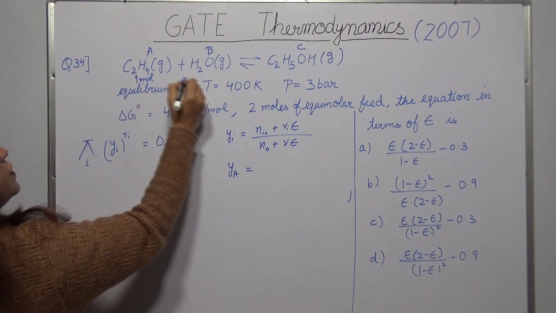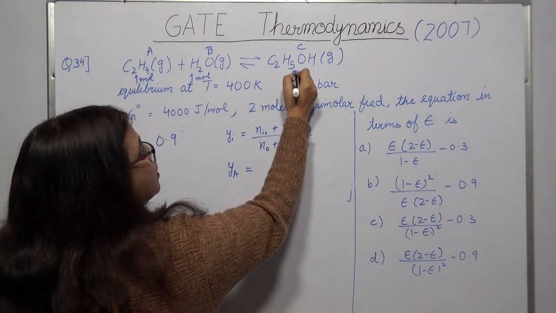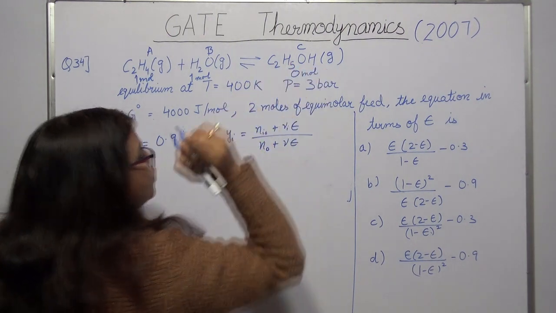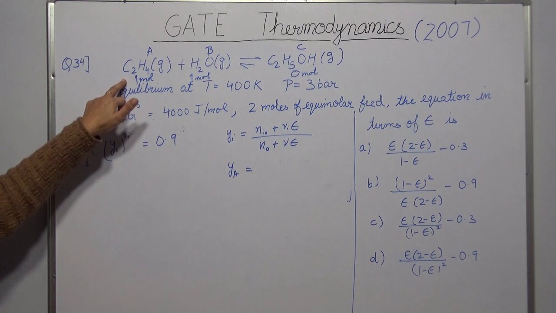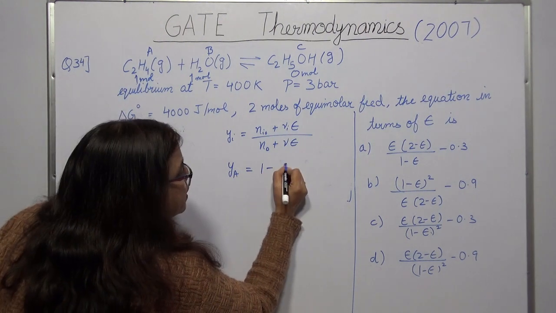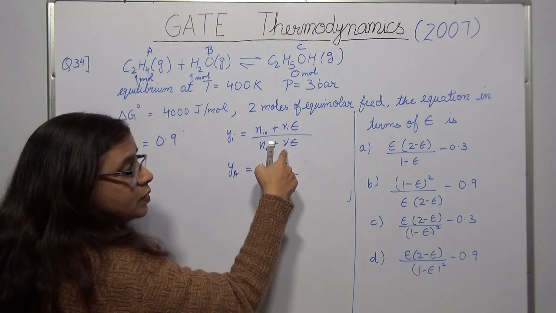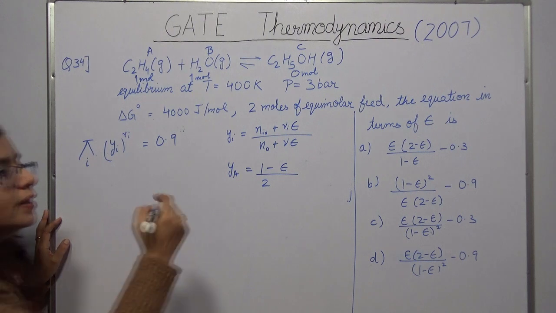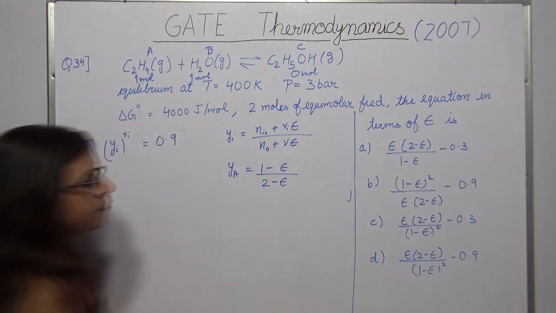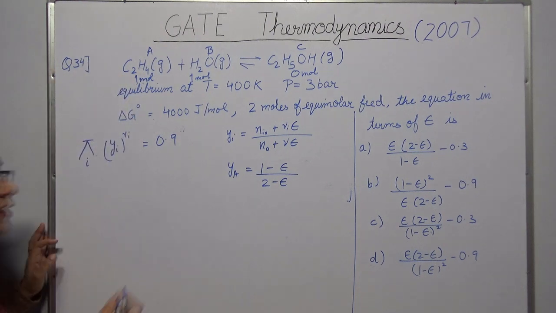So you have 1 mole of C2H4, 1 mole of H2O initially, and you have 0 mole of C2H5OH. So Ni0 is 1 for component A, so 1 minus epsilon upon 2, nu is summation over nu I, and that is -1. So this is your mole fraction for component A, that is ethylene.